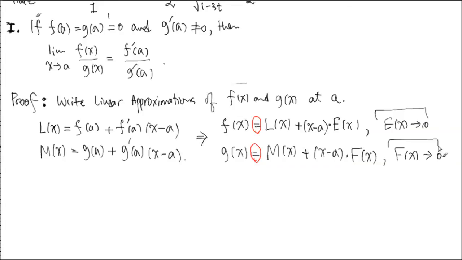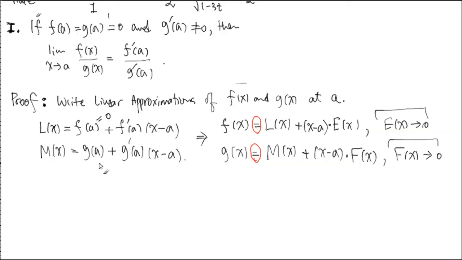Okay? Now this is the analytical setup, and what we are calculating here is f of x divided by g of x, right? But before that, what do we know about f of a? In the hypothesis, we assume that f of a is 0, right? So that's actually 0. So the linear approximation is a lot simpler than usual.